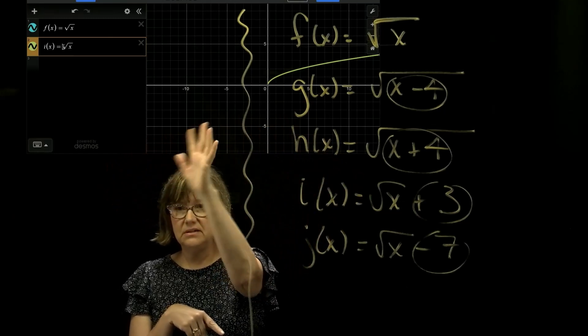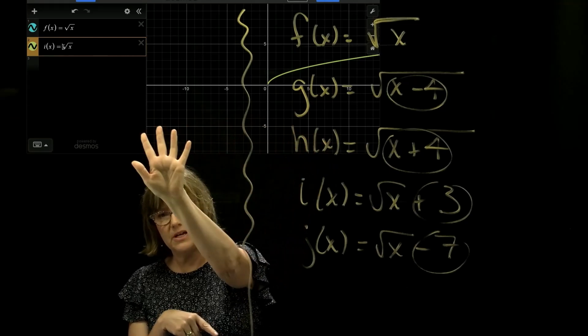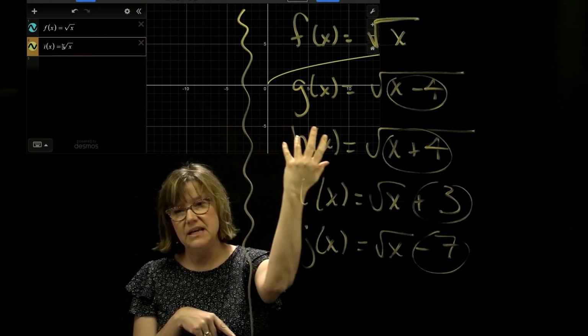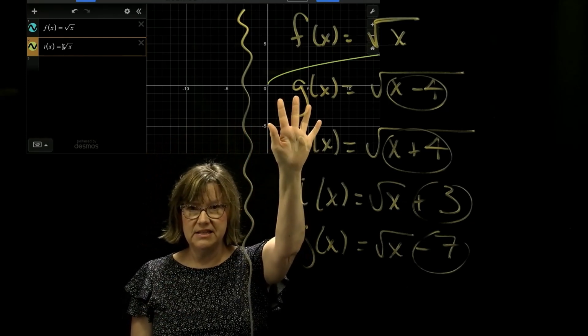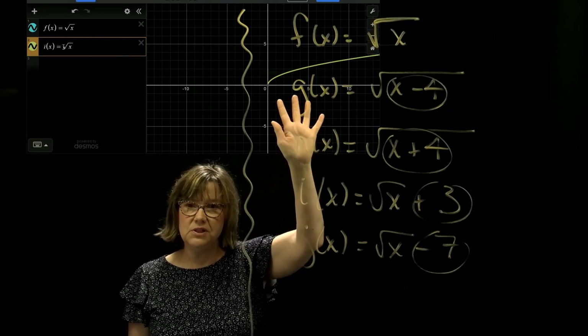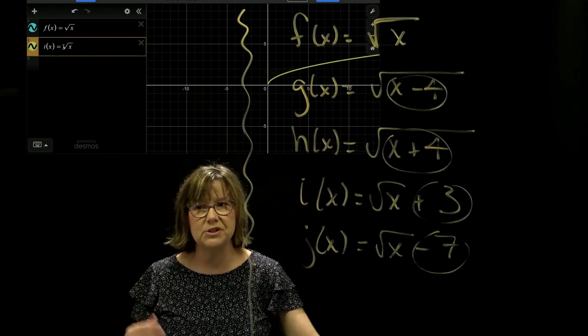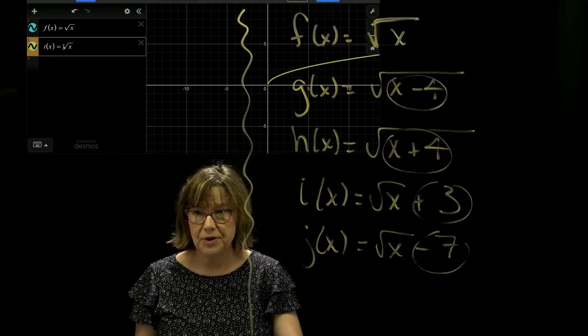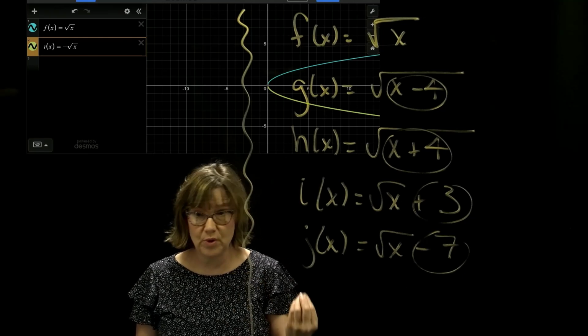Well, that's reflecting so x's that used to be positive are going to come over here and now be negative. So the input is changing here. What if I take these y values and reflect them down? My y values used to be positive, and now they're going to be down here negative. That seems to make more sense because it's the output. But let's see if we're right. There we are. Okay, we are correct.